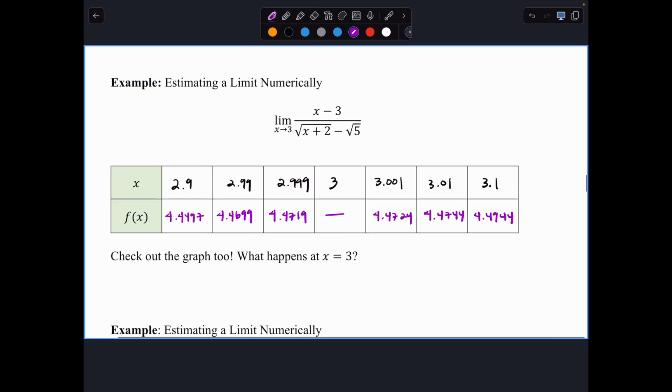And if we peek at the graph, I'm just going to do ZStandard. So I hit the zoom button, number 6, to check out what the graph looks like. Interesting. Kind of just looks like a radical function.